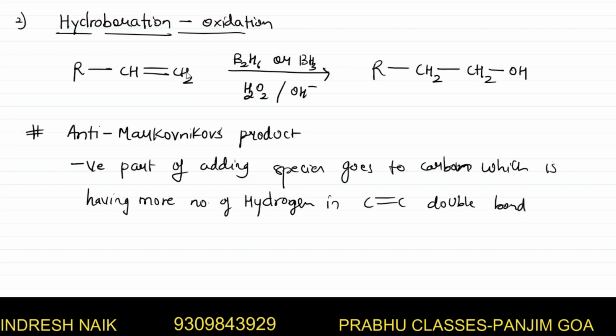So here, this has more number of hydrogens. That is where the OH is going. And what alcohol is this? This is a primary alcohol. What you get is a primary alcohol.